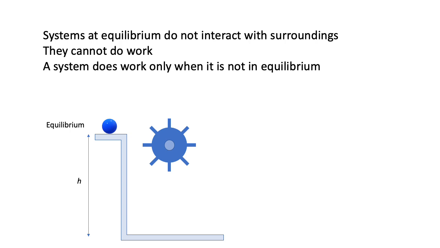Here we've got a ball which is sitting on a ledge of height h. The ball is at equilibrium because it is isolated, it is not interacting with the surroundings. But if we disturb the ball so that it falls, it will turn the wheel, and we can use that to do work. The ball, however, will eventually reach a new state of equilibrium.